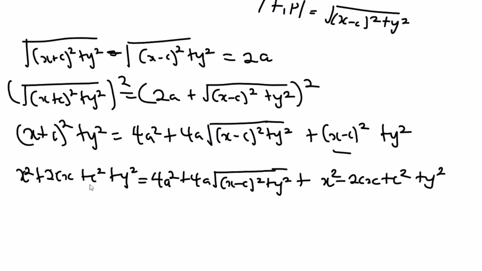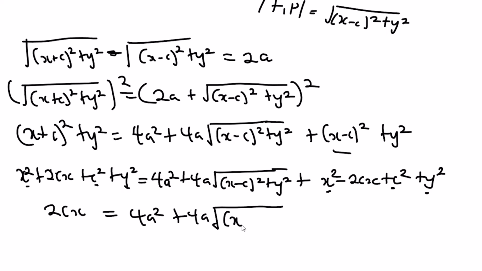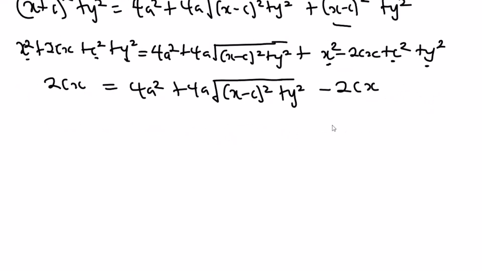Now looking at both sides of the equation, we have this going with this, then c squared with this gone, y squared with this gone. So now we have 2cx being equal to 4a squared plus 4a root of x minus c squared plus y squared, then minus the 2cx.